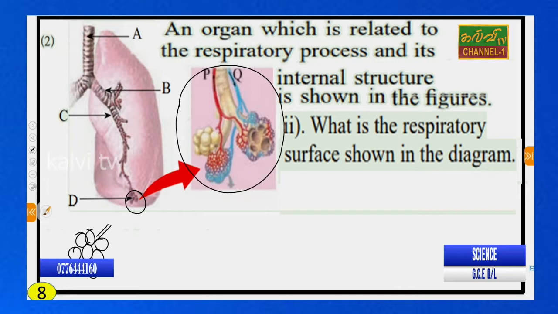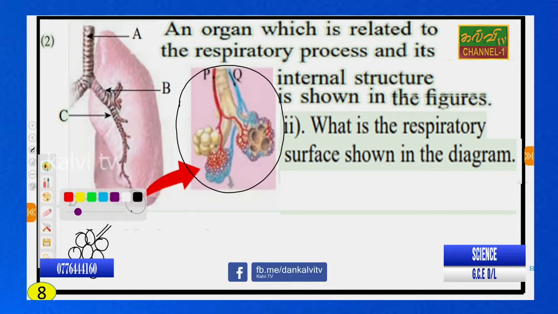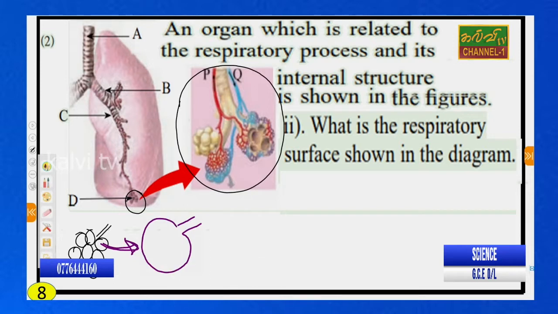When we analyze the alveoli, this is one bag here. The surface of the alveoli is well vascularized.